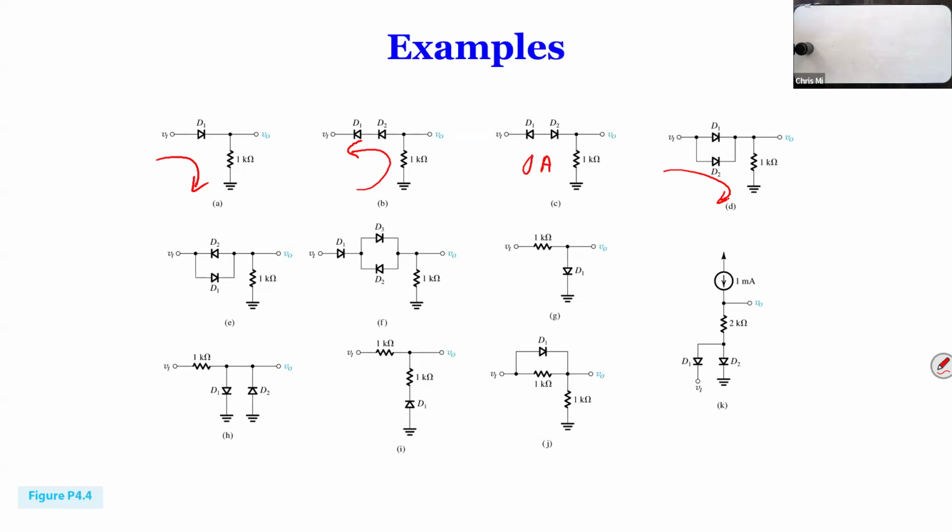Let's say D1 and D2 both are ideal diodes, and you would have Vo equal to Vi when Vi is positive. But with real diodes, D1 and D2 have a voltage drop of 0.7 volts.